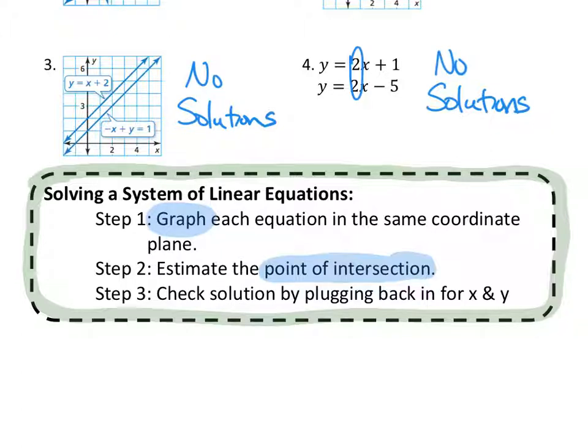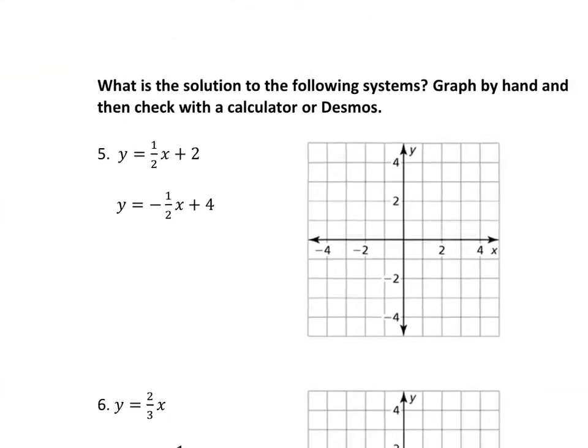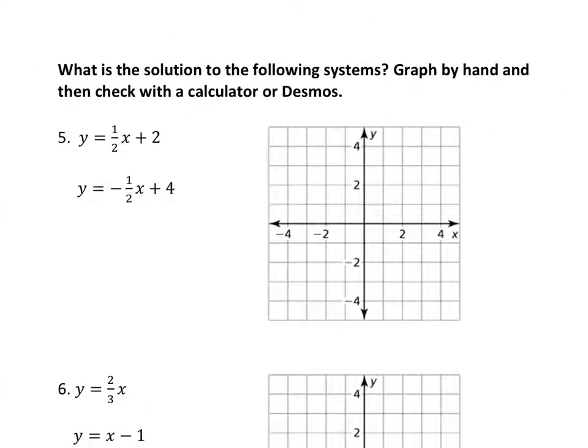Okay, so we're going to graph it and find the point of intersection. This is going to be a semi-review of graphing, which we did a while ago. So let's see what we remember. When you've got this all written down, go to the inside of the notes to number 1. Notice the prompt has changed. It doesn't say how many solutions anymore. It says, what is the solution?